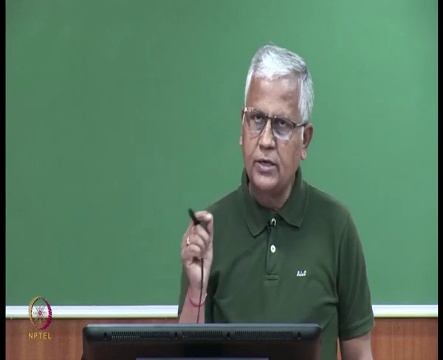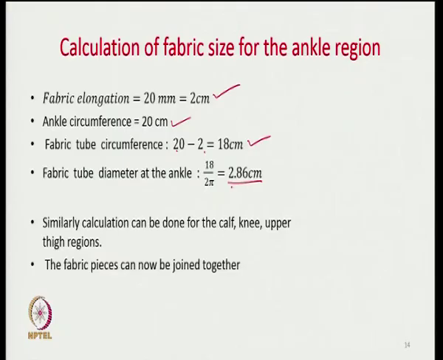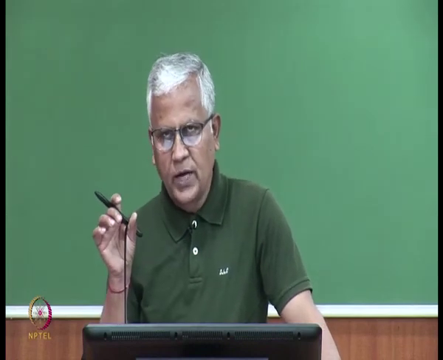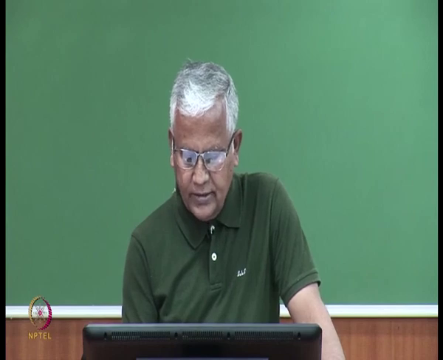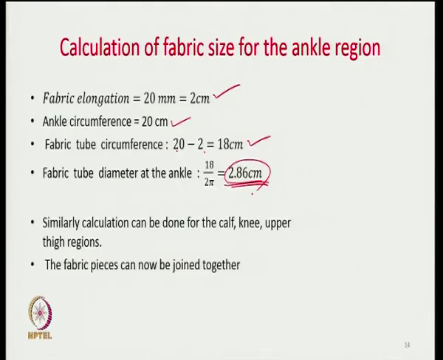So, the diameter of the tube on this part is going to be 18 by 2 pi, that is 2.86 centimeter. So, we can find out that the ankle region should have a tube of diameter 2.86 centimeter for the fabric that we have chosen.